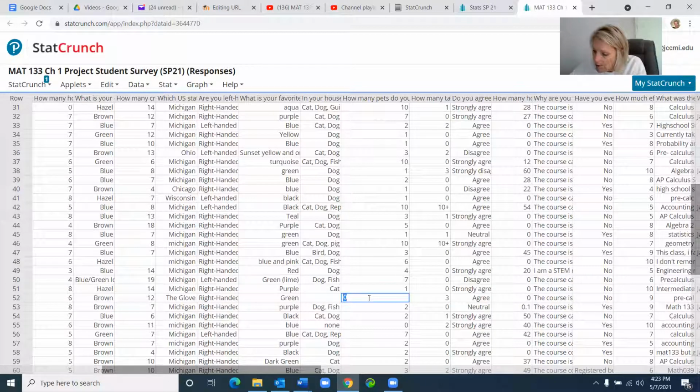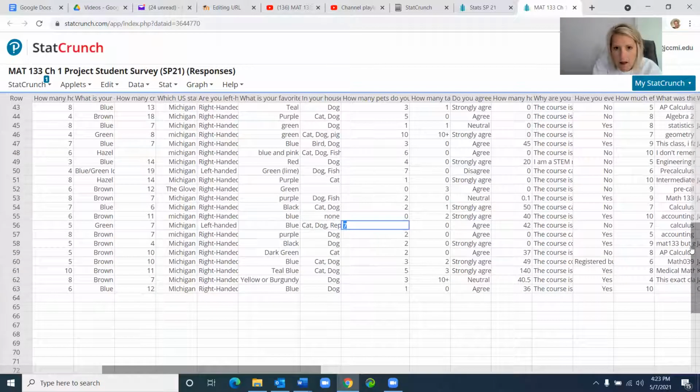I think we have 13, 14, 15, 16 ones is what I have so far. So we have 0, 2, 2, 0, 0, 2, 2, 0. We're at the 7 here. I'm just going to scroll down.